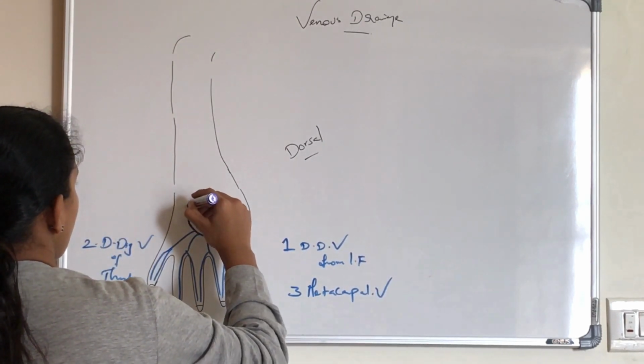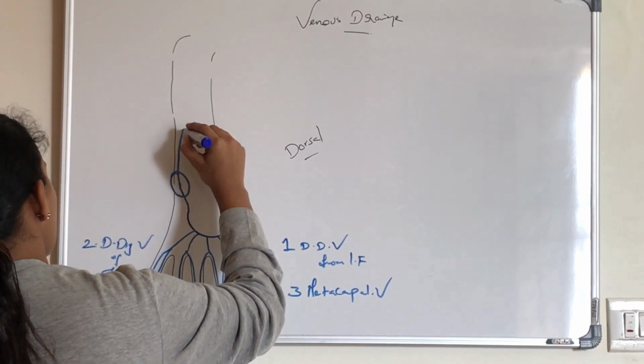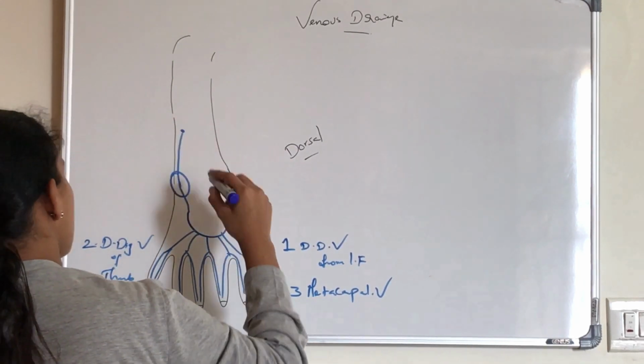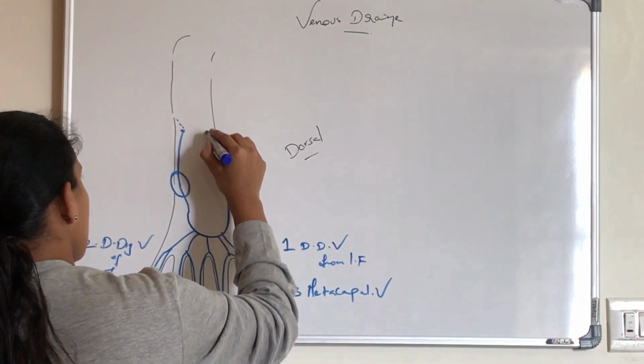Once the dorsal venous arch is formed, its medial end ascends upwards, runs through the snuff box, which is the cephalic vein.